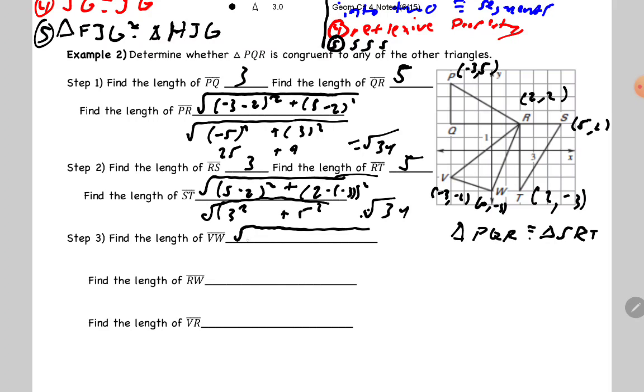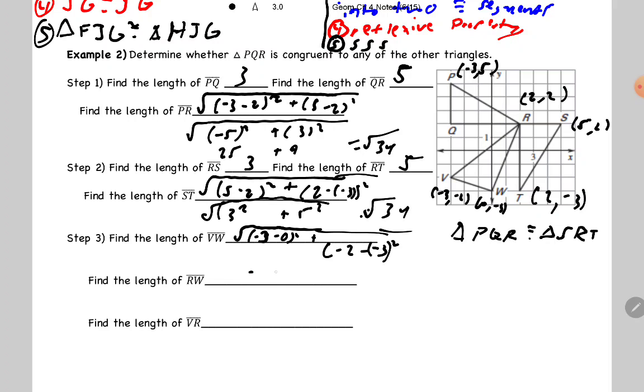Top minus bottom again. -3 minus 0 squared plus -2 minus 3 squared.